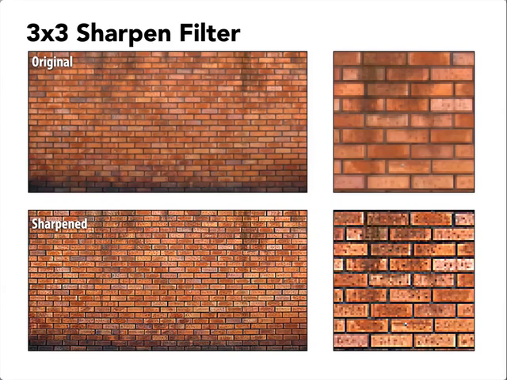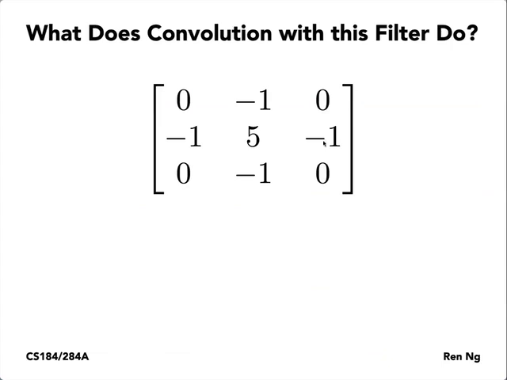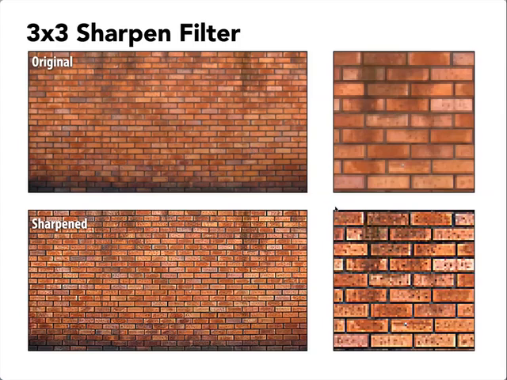So when there's a change across that edge, you can convince yourself it's going to end up increasing the magnitude of the change across that edge. That's the effect of these negative values compared to a positive value in the center. And because the negative values are in both the vertical and the horizontal direction, it's going to increase the size of that step for horizontal edges as well as vertical edges, where edges are defined by a large change in the pixel intensity value.